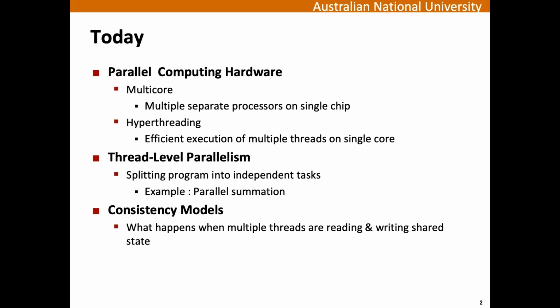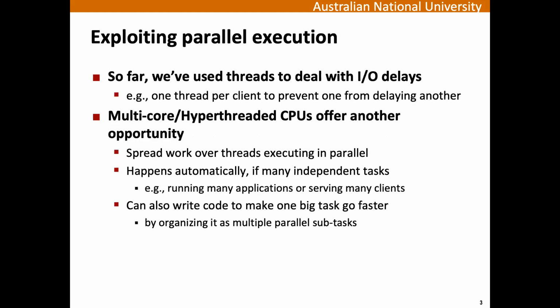What are some of the issues across the entire compute stack, from user programs all the way down to hardware? What are the problems with writing parallel programs and reasoning about parallel programs, and speedups compared to sequential programs? How can you reason about what you are going to get out of your multi-core hardware, for instance? And we finish off with consistency models.